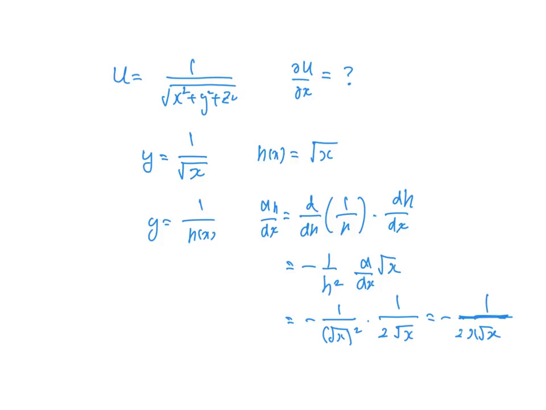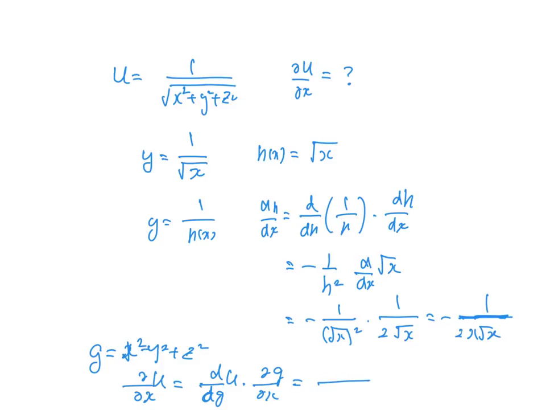So likewise, when you set g as x squared plus y squared plus z squared, then partial u over partial x is du/dg times partial g over partial x, which is minus 1 over 2 g times the square root of g, where g is x squared plus y squared plus z squared, times 2x.